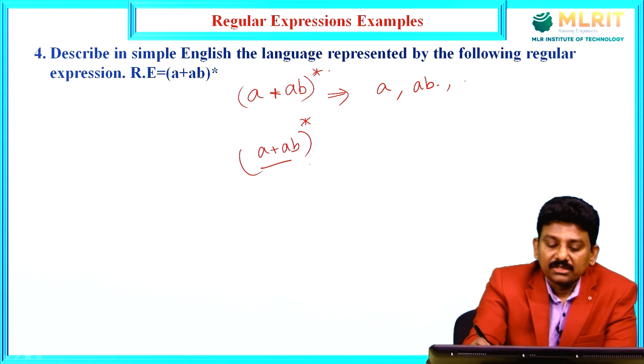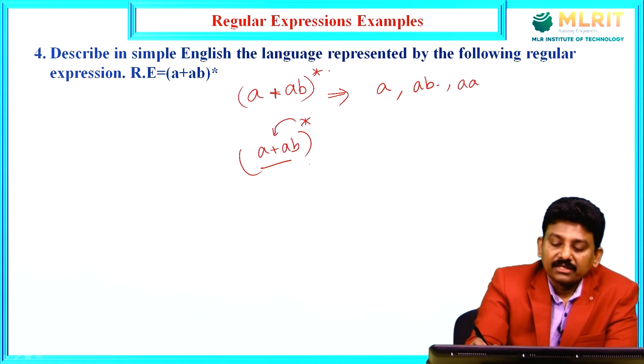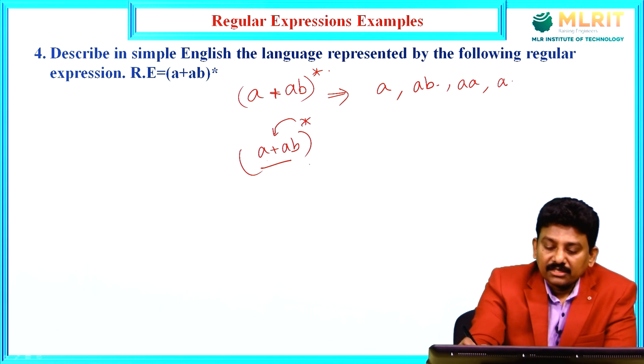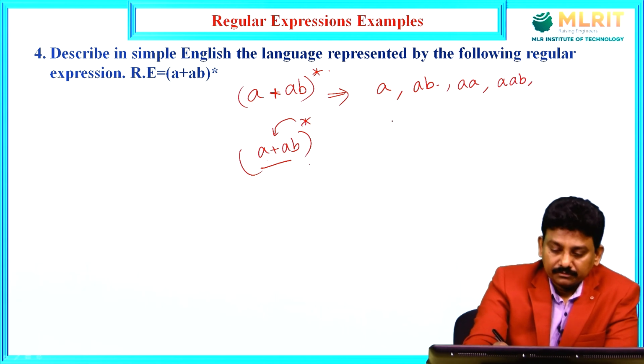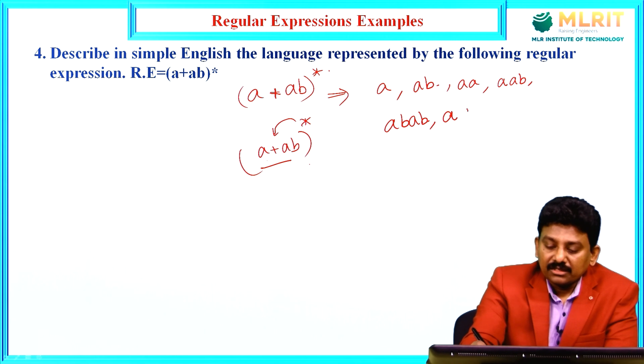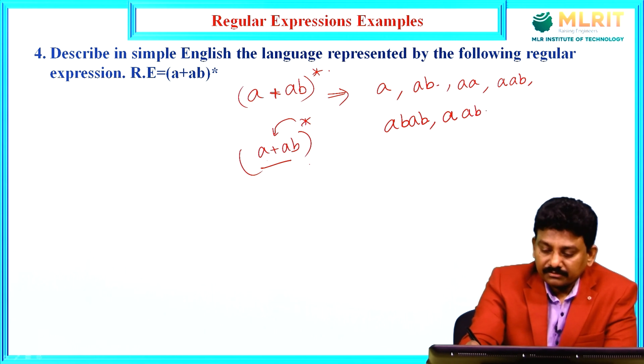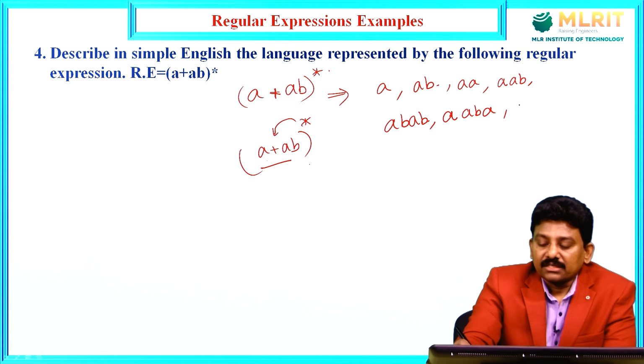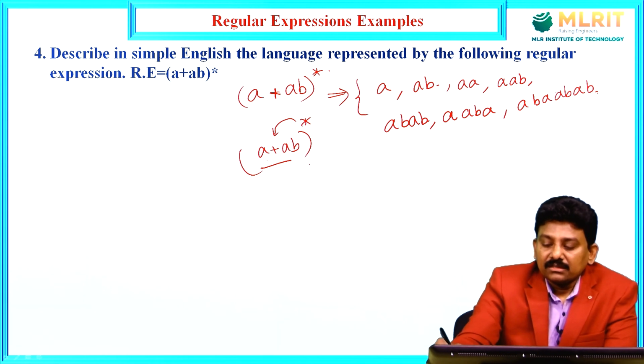Two times repetition, so we can take A first time, second time you can take A only. First time I will take A, second repetition I will take AB. First time I will take AB, second time also take AB. So AB, AB. Or first time A, second time AB, third time A. Next another string AB, A, ABA, AB, AB. So you can generate this type of strings.